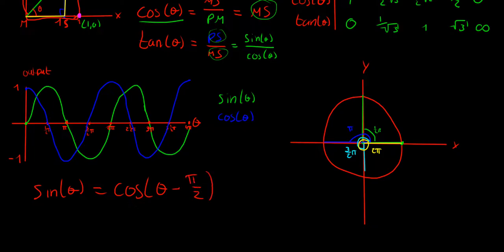So we shift the function a little bit to the right. And the cosine of theta is the same as the sine of theta plus 1/2 pi. It's just shifting our sine function a little bit to the left.